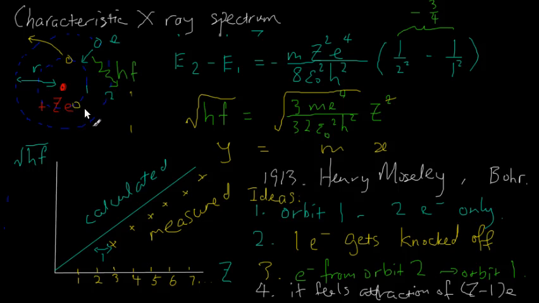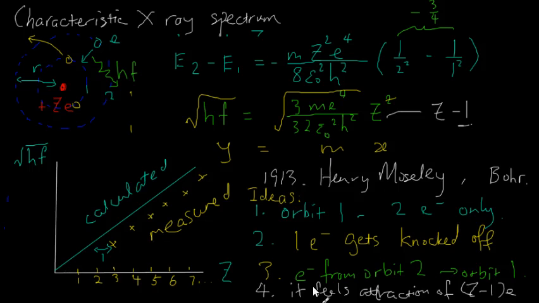I mean, the attraction is cancelled. So because of that, the Z here should really be just Z-1. And it is this -1 that explains why the calculated line was shifted by 1 unit to the left.